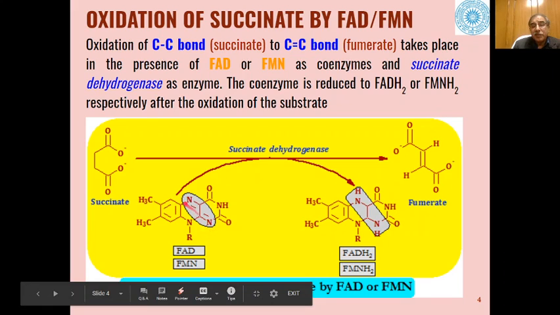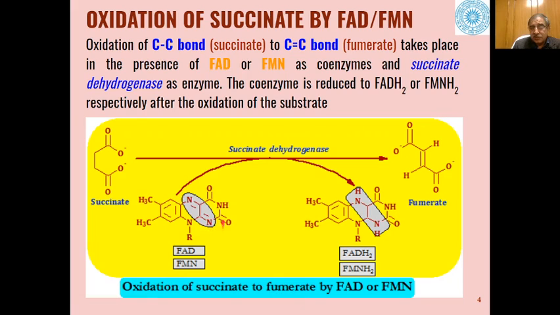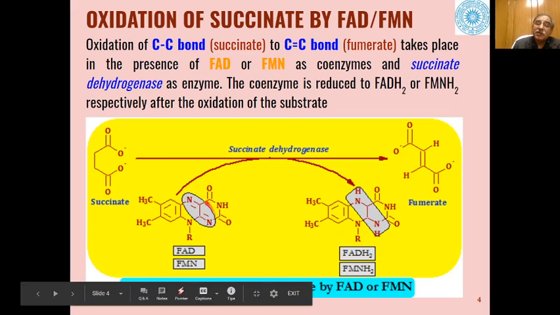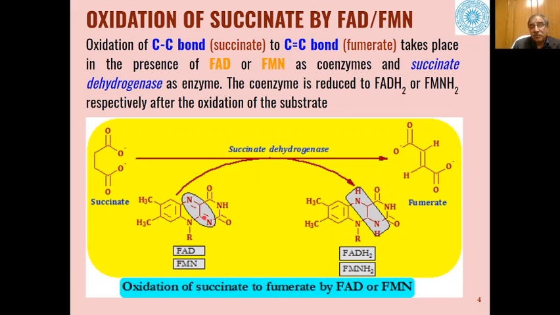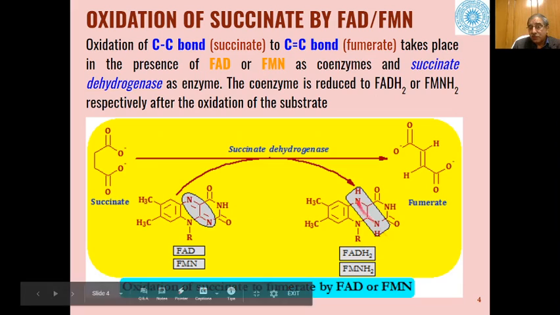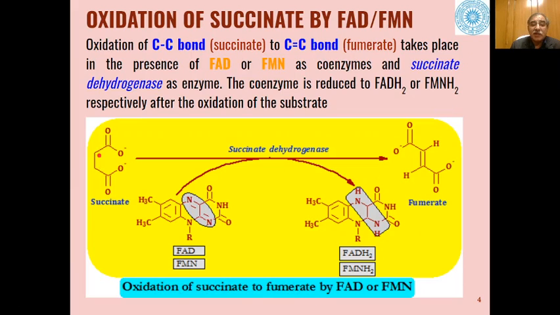So basically what happens is that these are the active centers where the reduction will take place. So this will be reduced to FADH2 or FMNH2, depending upon whether we use FAD or FMN. Whereas in case of the substrate, the oxidation will take place at this place.